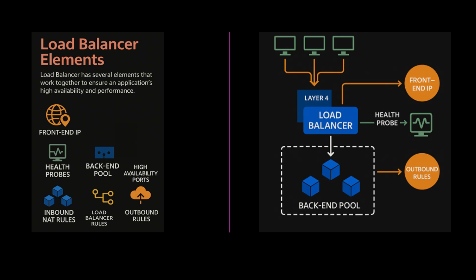You can configure TCP probes to check if a port is open, or HTTP/HTTPS probes to make sure your service is responding properly. If a VM doesn't pass the test, it's temporarily taken out of the rotation until it recovers. You set how often the checks happen and how many failures it takes before action is triggered.